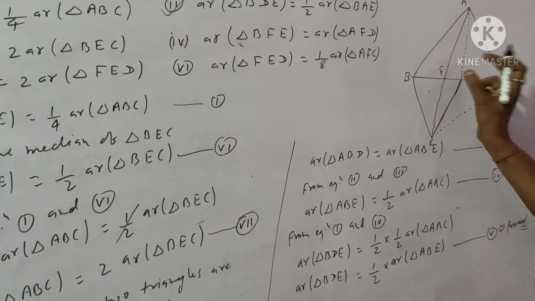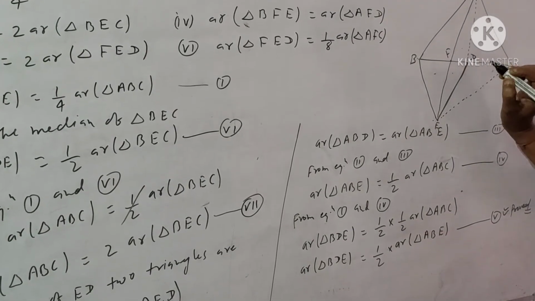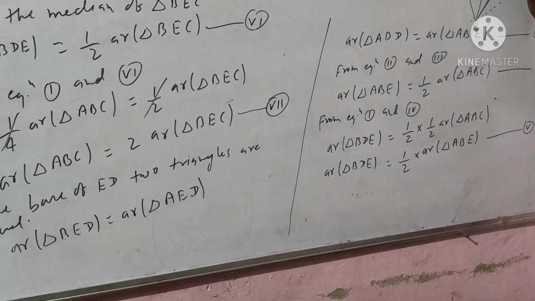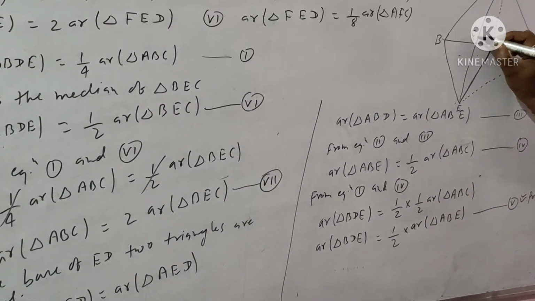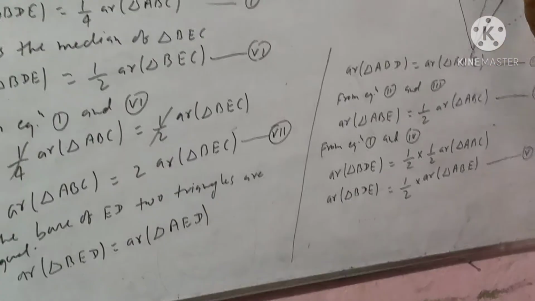Under this area, student, this is the common part. So subtract from LHS and RHS triangle EFD.